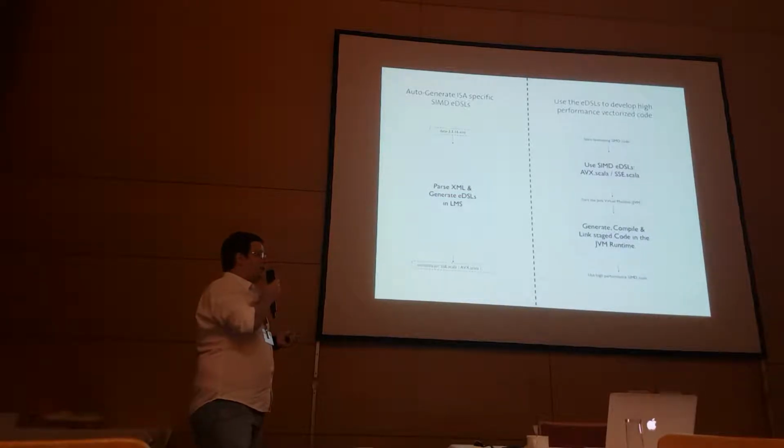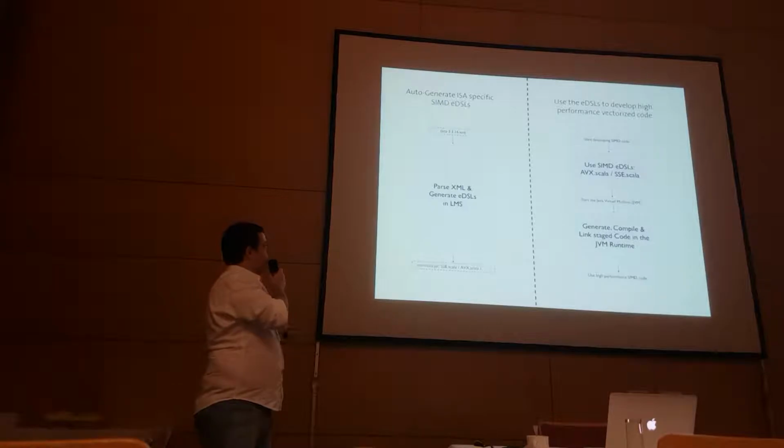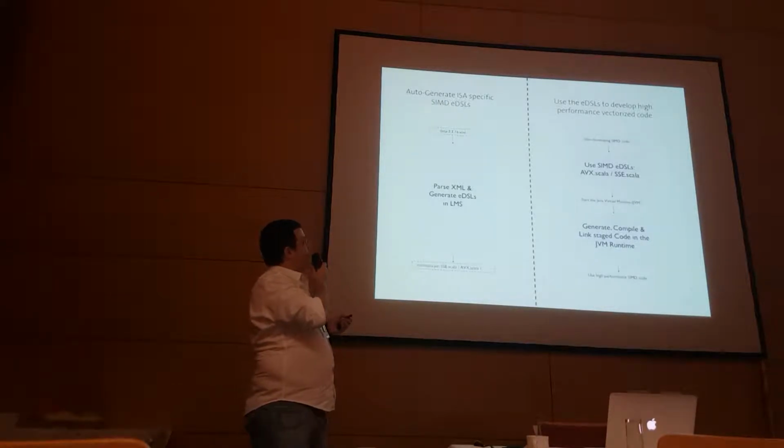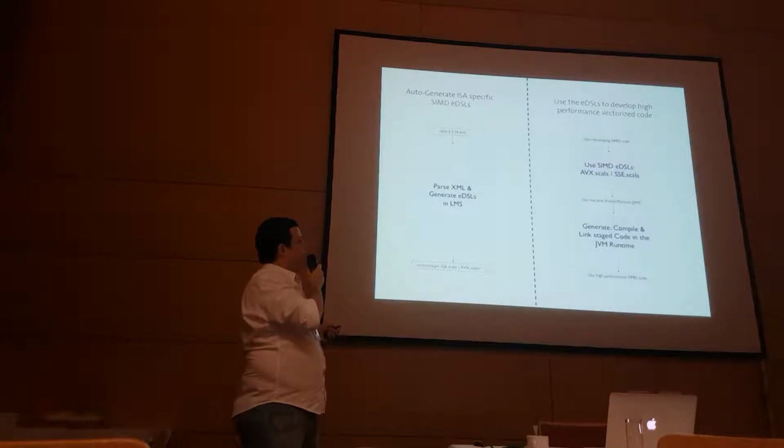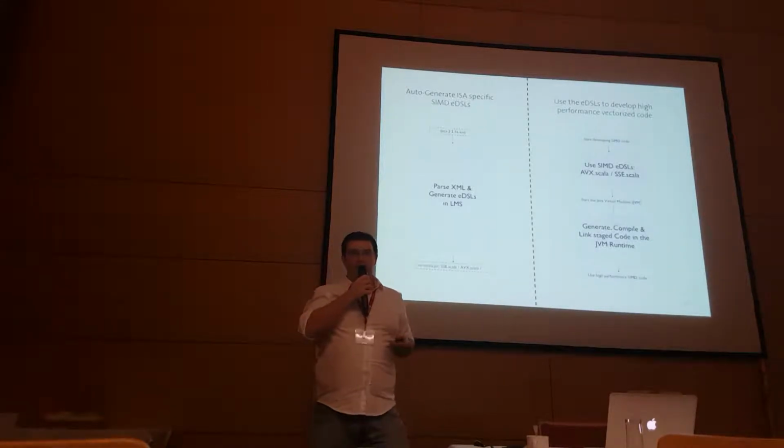Each DSL that we generate is an instruction-specific architecture DSL. Once all DSLs are done, we can actually use these DSLs inside the JVM. So we develop code using the SIMD DSLs that we generated offline, and inside the runtime of the JVM, we will generate, compile, and link our staged code such that we can use it directly.